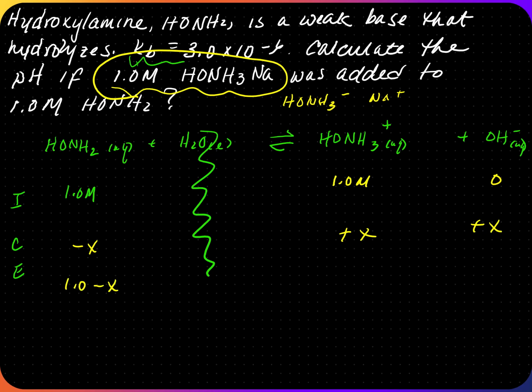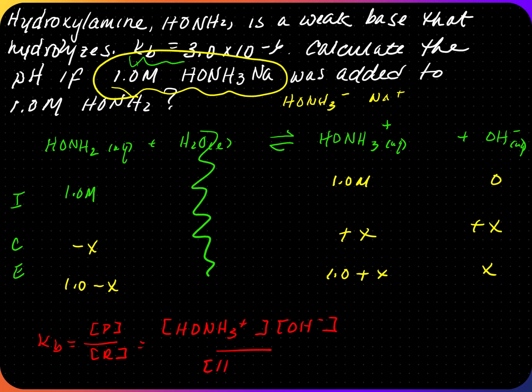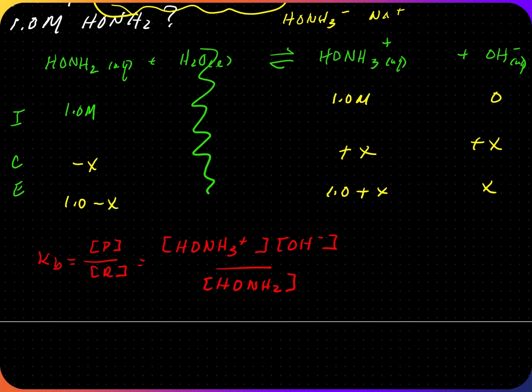I'm going to write a KB equation because KB was given. It's products over reactants. Product is HONH3 plus times OH minus divided by HONH2. Now I'm going to plug in the numbers.